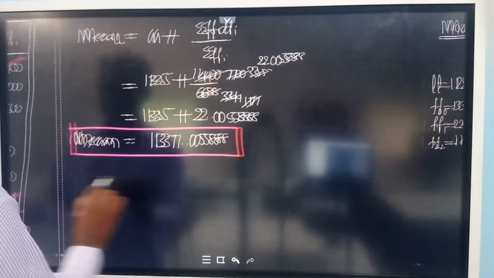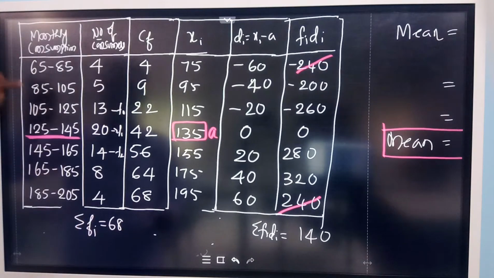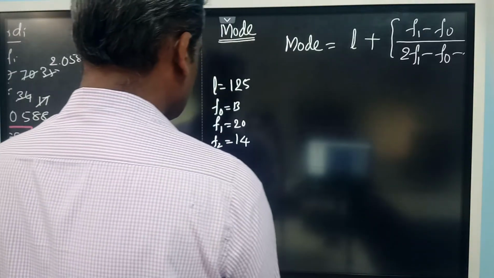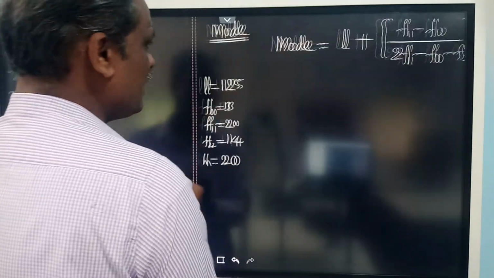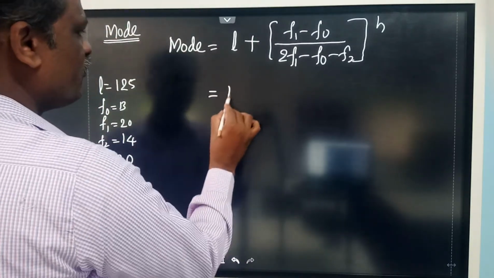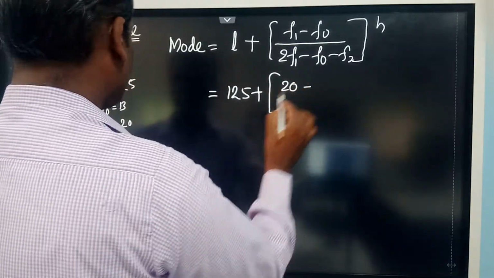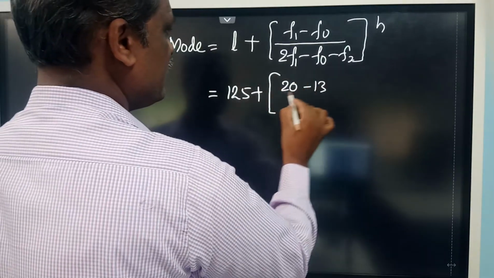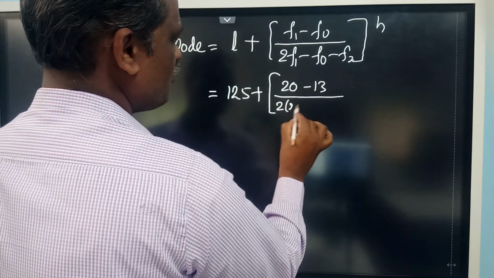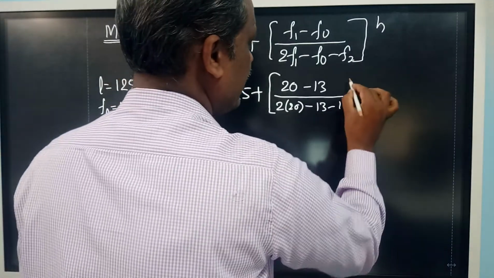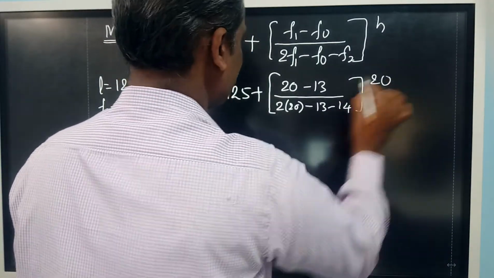Then the size of the class interval: you can see the difference between any two consecutive lower limits, 50, 80 minus 60 is 20. So H is equal to 20. Substitute these values: L is 125 plus (F1 20 minus F0 30) divided by (2 times 20 minus 30 minus F2 14) into H 20.